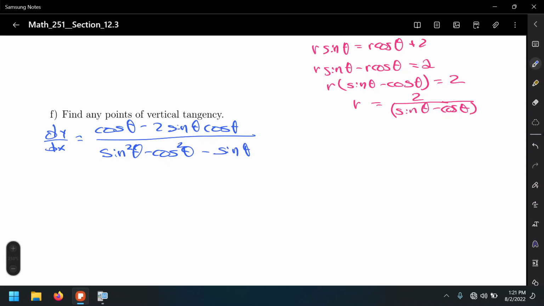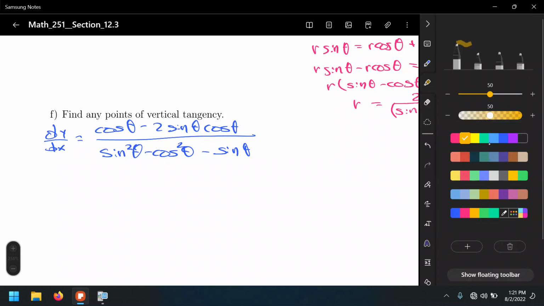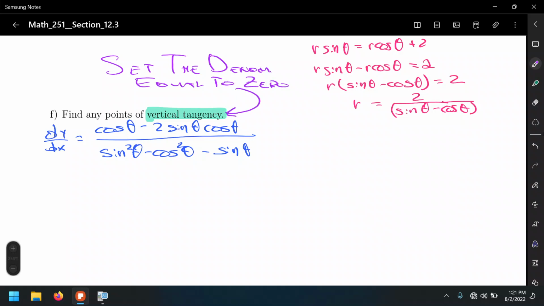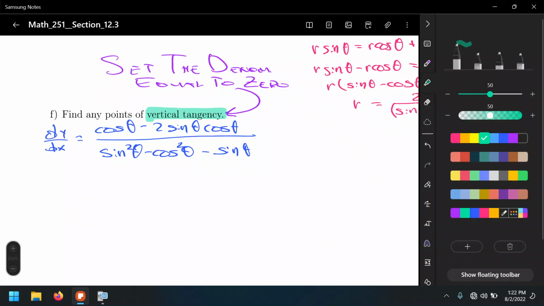Well, in this case, it's important to highlight this: the fact that points of vertical tangency are obtained by setting the denominator equal to 0. And let's highlight what we are going to set, so this is the quantity that we set equal to 0.